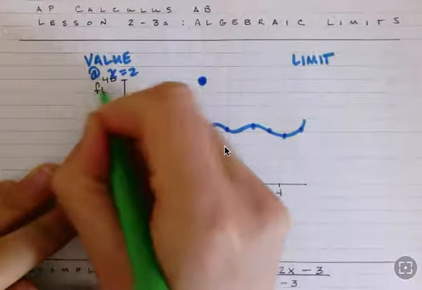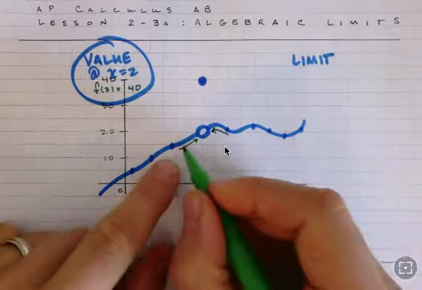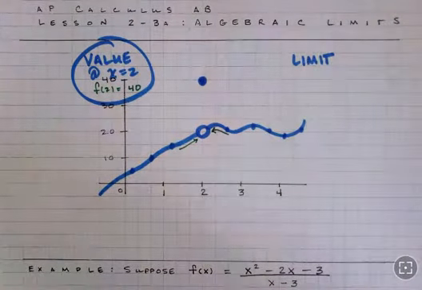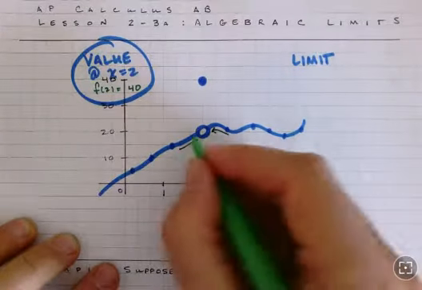The limit is different. The limit doesn't care what happens when you plug 2 into the function. The limit is interested in what's happening from the left side and what is happening from the right side. And we can see that both from the left and the right side, we are getting very, very close to 20.